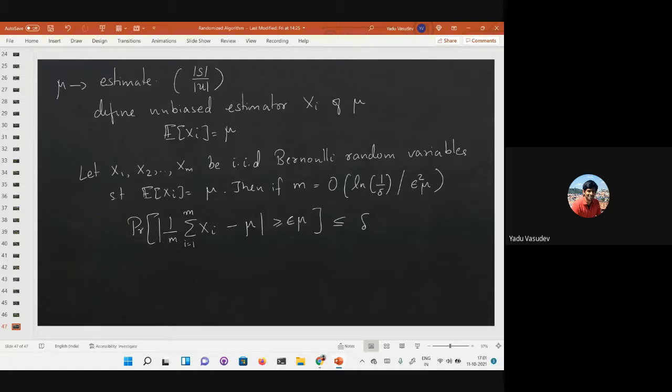So what we have is a quantity to estimate, which is this mu.